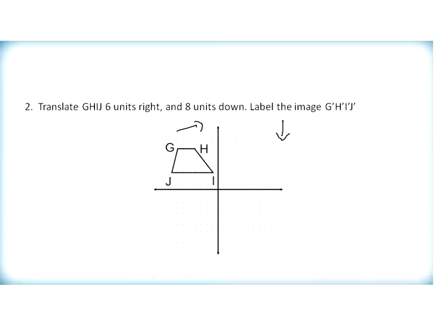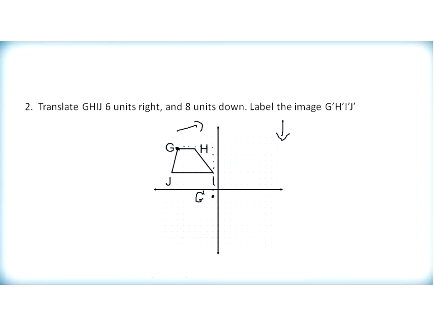So if G is right here, I'm going to move 1, 2, 3, 4, 5, 6 units to the right, and 8 units down. 1, 2, 3, 4, 5, 6, 7, 8. So here's my new point G prime.